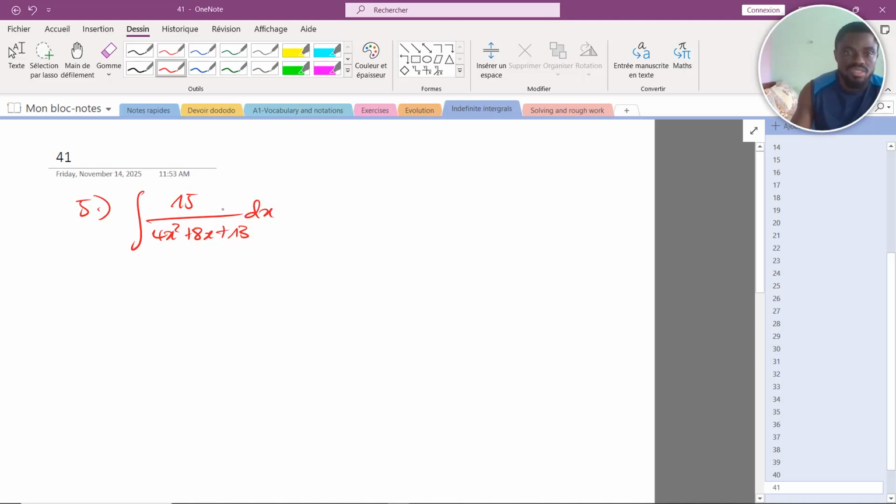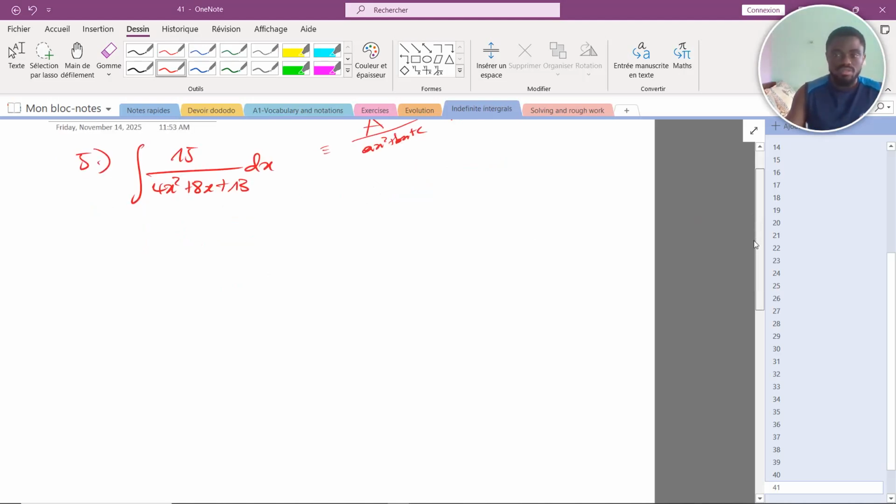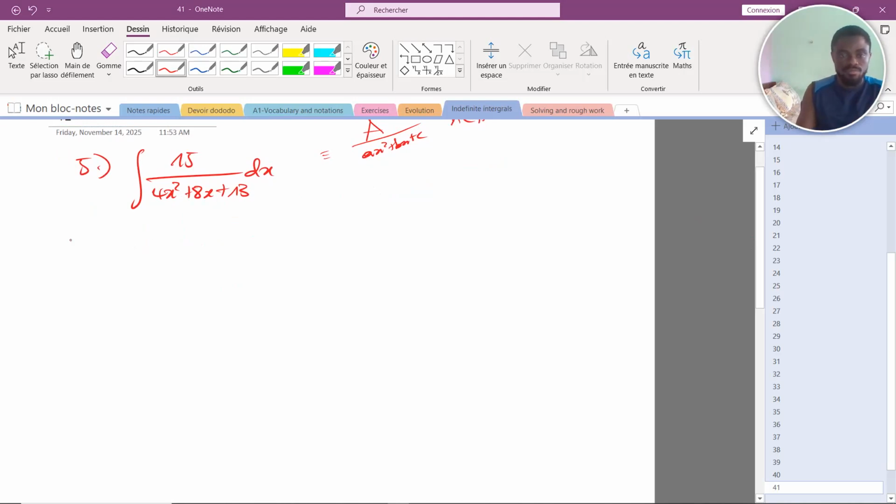The first thing we see is that this is in the form a over ax squared plus bx plus c, where a belongs to R star. Our a here is naturally 15. So what we naturally have to do here is first calculate delta. Step 1, delta, which is equal to b squared minus 4ac.